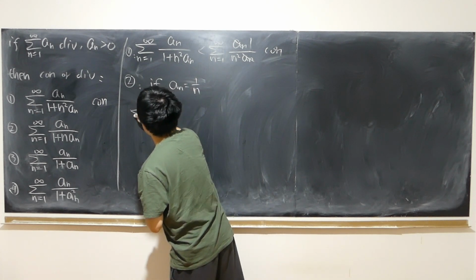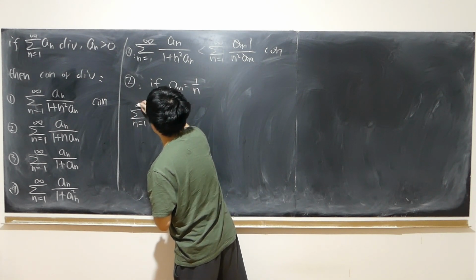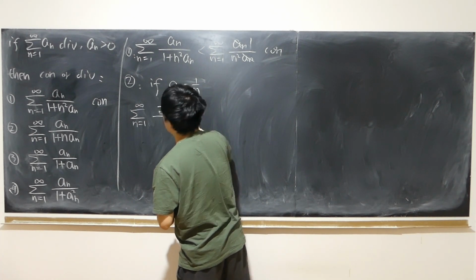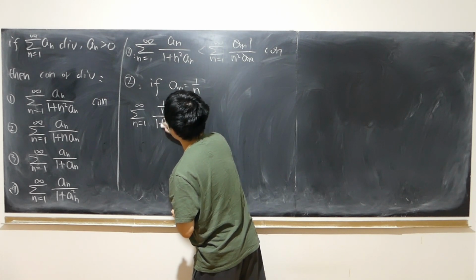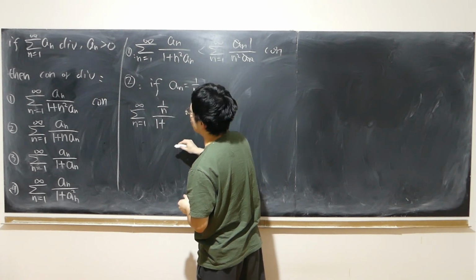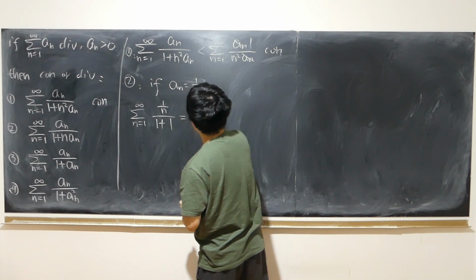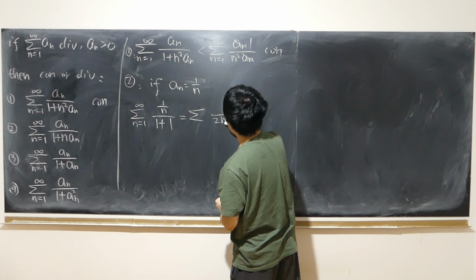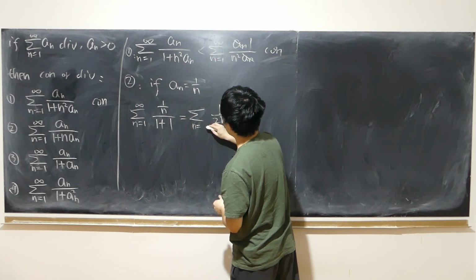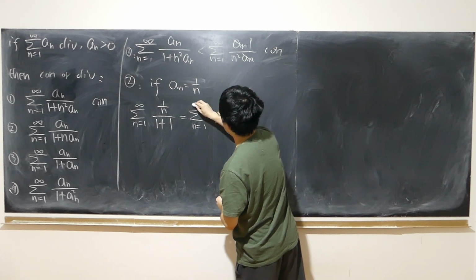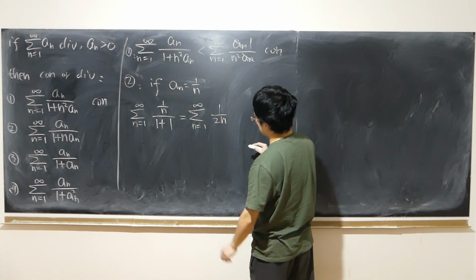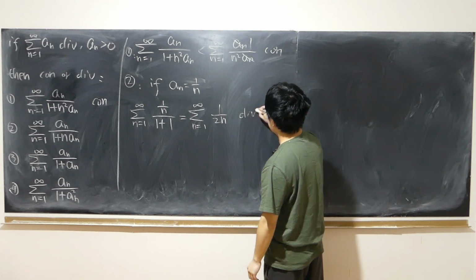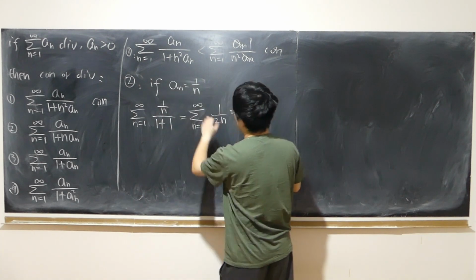I have the infinite sum from 1 to positive infinity of 1 over n over 1 plus 1 over n, so essentially that is just, perhaps take out the half, a half times a harmonic series, which is of course divergent. If that's the case, it's divergent.